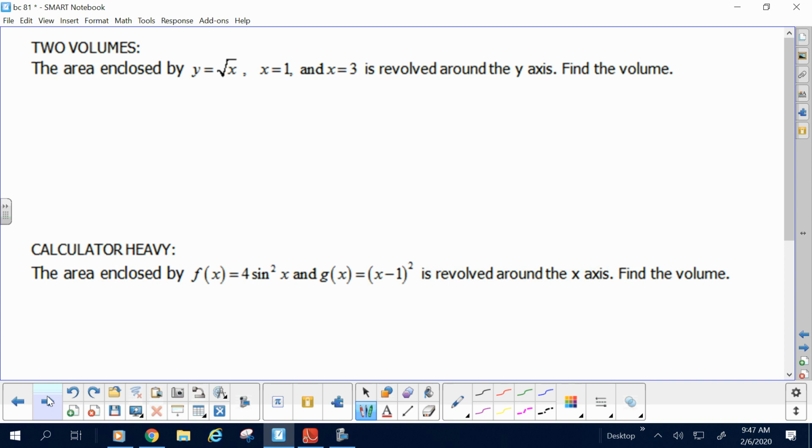Let's try a little more here. Say you take the square root function and x equals 1, which is a vertical line, and x equals 3, and I think I also meant the x-axis.